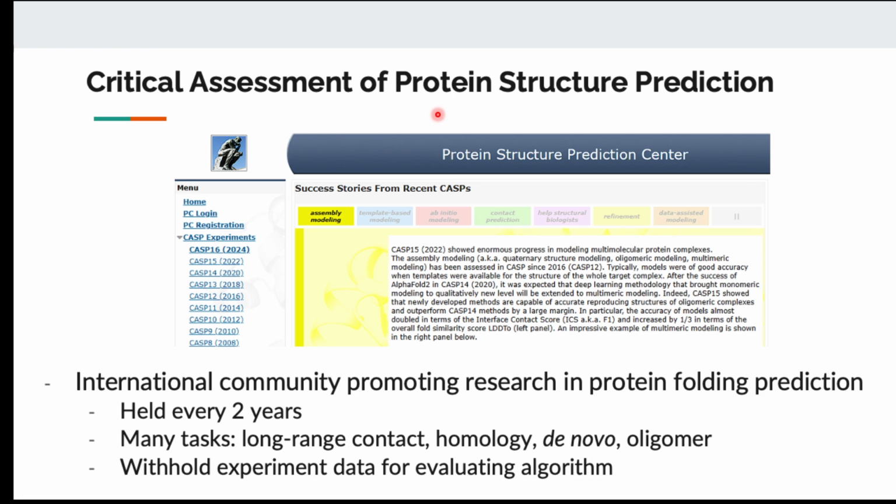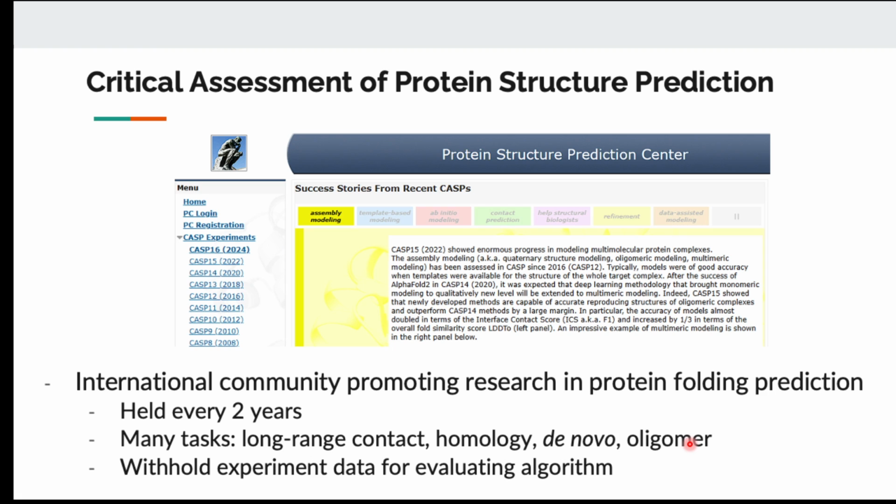AI. And even though AlphaFold was famous for predicting protein structure, these communities of structural biologists are actually interested in many diverse problems. They not only want to predict protein 3D structure, they also want to improve homology modeling. Like if you know the template, can you make the algorithm even better? If you know that the protein will form oligomers, like multiple molecules of the protein binding together, can you model that structure?